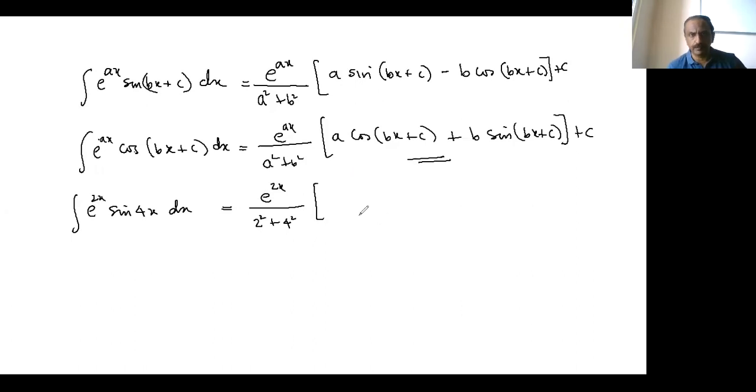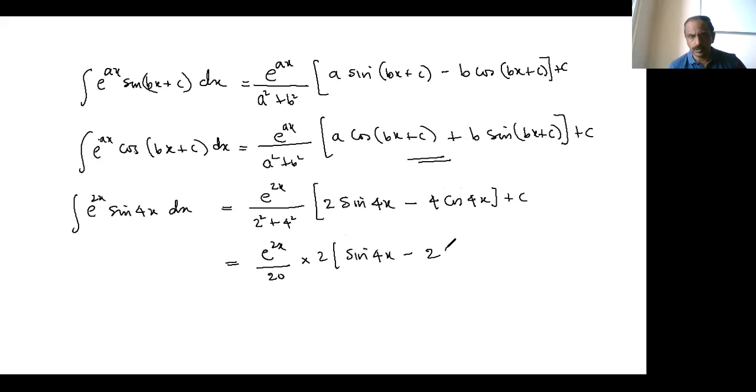A is the coefficient of 2 sine 4x minus b is 4 cos 4x plus C. You can notice that your answer is 20 here, but a 2 is taken common. So sine 4x minus 2 cos 4x plus C.